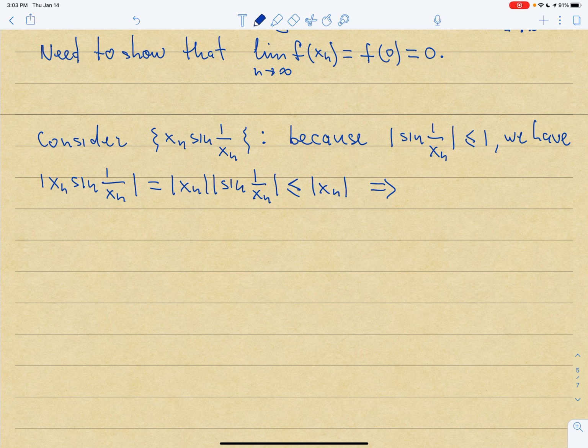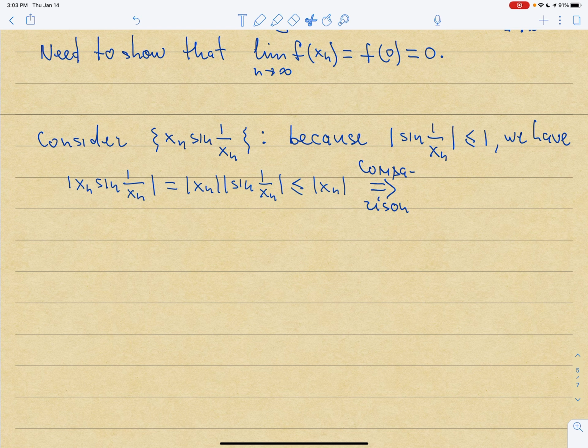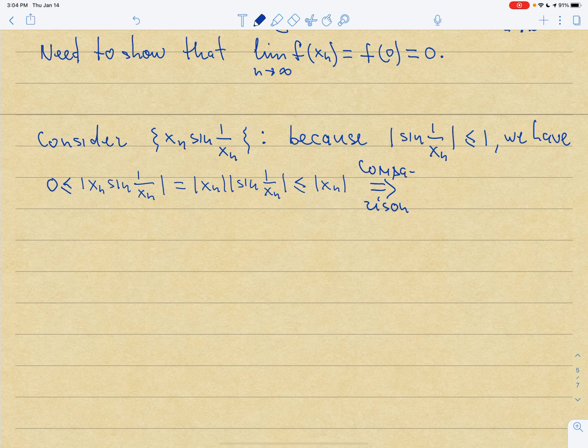then by the comparison theorem, one other thing that I know is that the absolute value of anything is always greater than or equal to 0.